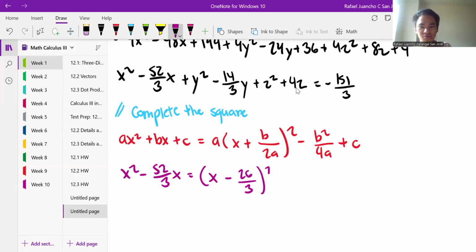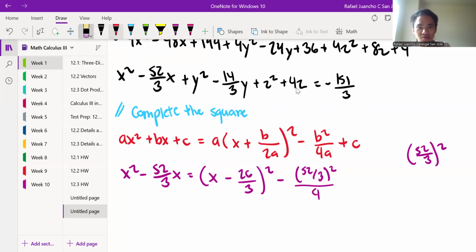Yeah, we square that. We subtract b squared, so this thing squared over 4a, where a is 1 in this case.